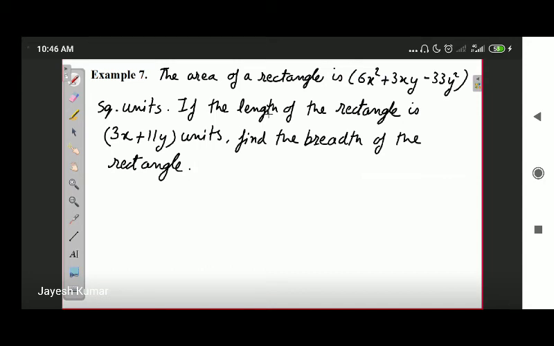Okay, so we are given that the area of the rectangle is this and the length is this. So you might remember that the formula for area of a rectangle is length into breadth. We already know the value of length, so we can determine the value of breadth.